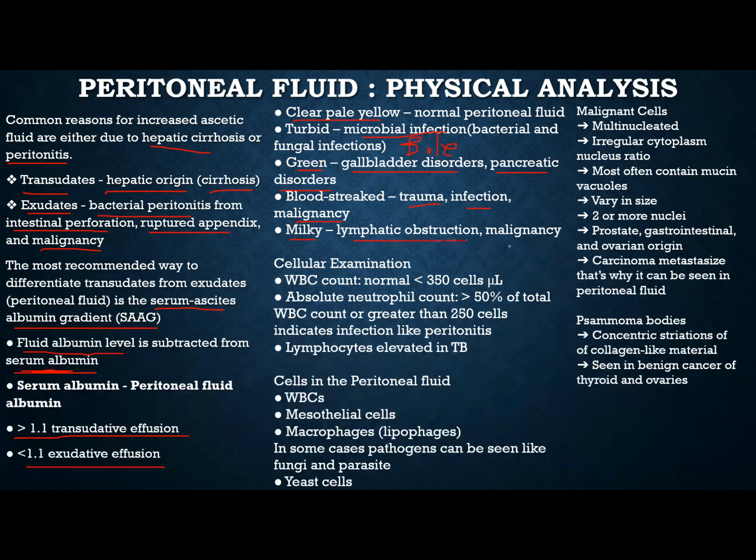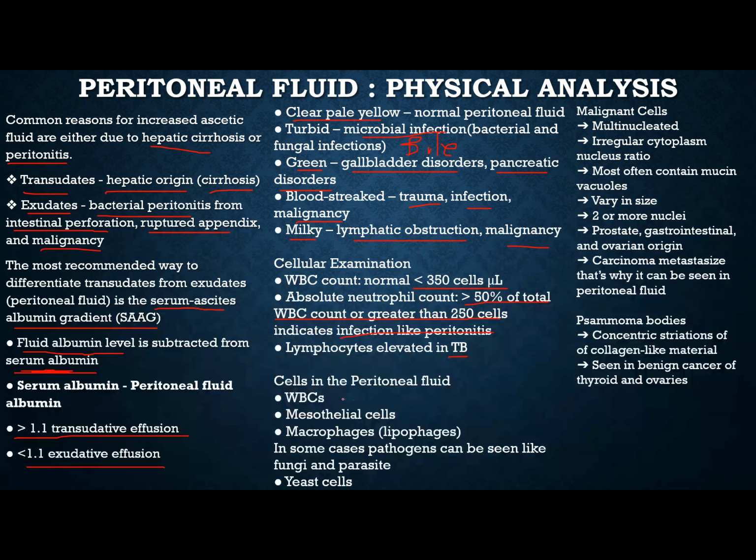Milky, lymphatic obstruction, malignancy. Then cellular examination, WBC count, normal if less than 350 cells per uL. Absolute neutrophil count should be greater than 50% of total WBC count or greater than 250 cells. Indicates infection like peritonitis. Lymphocytes would be elevated in TB.